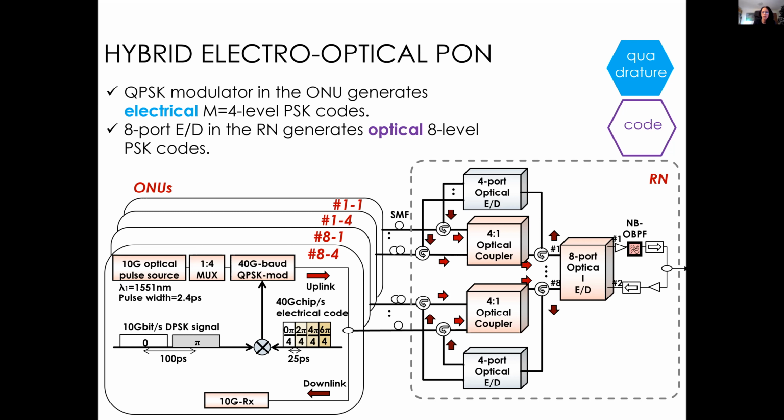But when you think about the access, maybe you need more flexibility, because if you want to switch data from one user to the other, in general you have to transform the signal from optical to electrical, and this is a lot of waste of energy. So if you use, for instance, codes or different multiplexing modalities, you can save energy in this way.